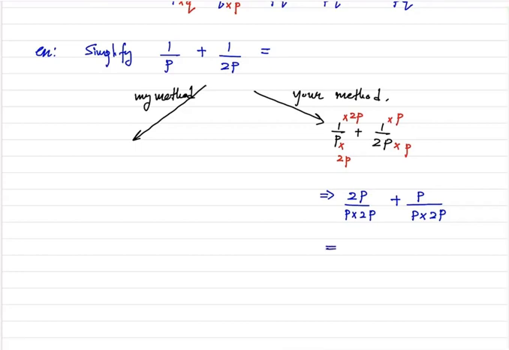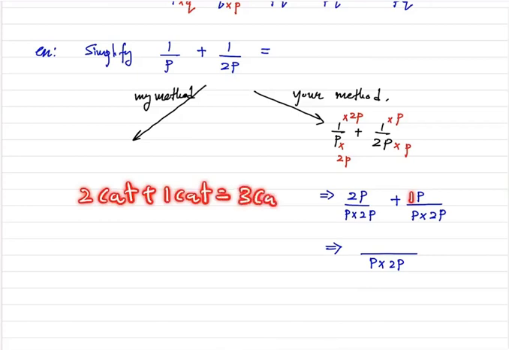Now, can you see here, the denominator is the same, right? So why don't you copy that here? You can say P times 2P. And then what about the numerator now? 2P plus P. Plus P means plus 1P, right? So what is 2 cat plus 1 cat? 3 cat, right?